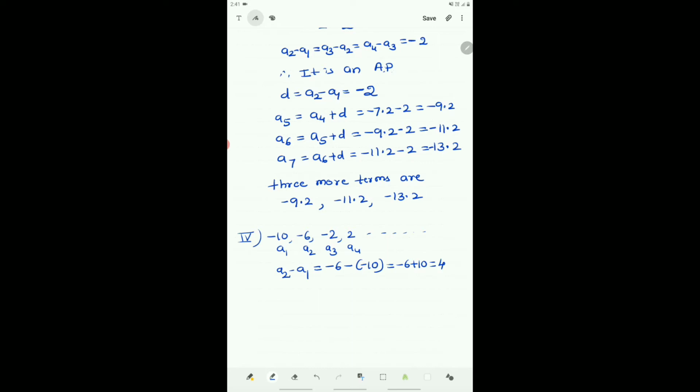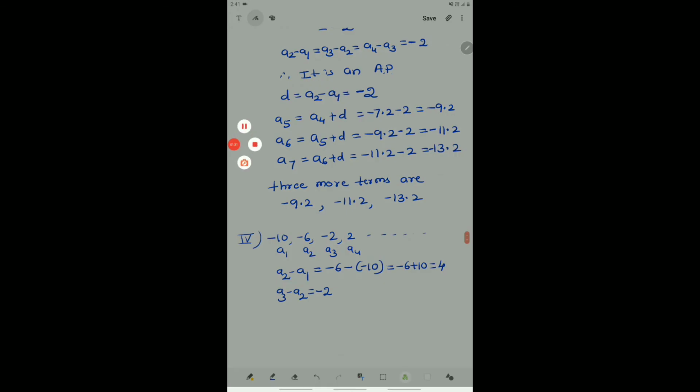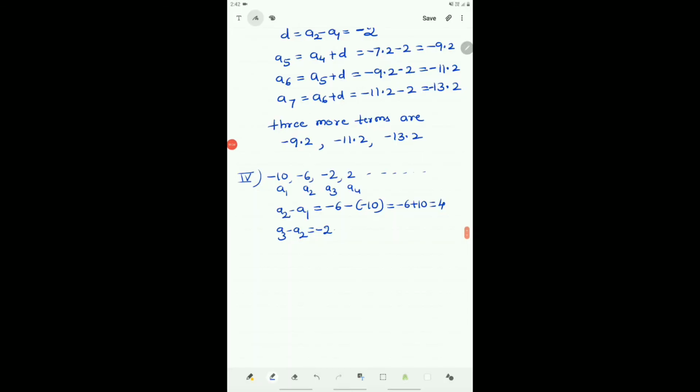Then take A3 minus A2. A3 is -2 minus of -6, that is A3 is -2, A2 is -6.